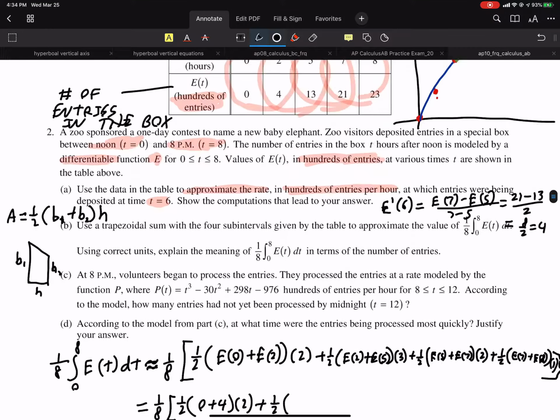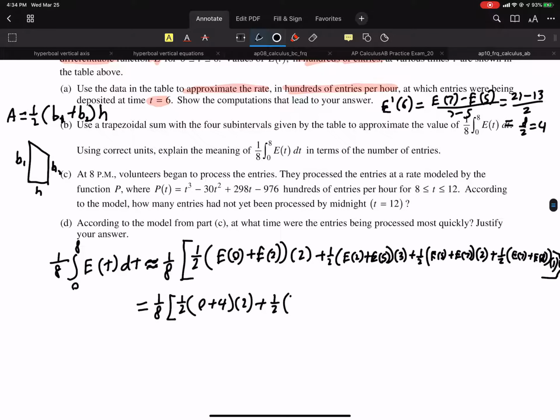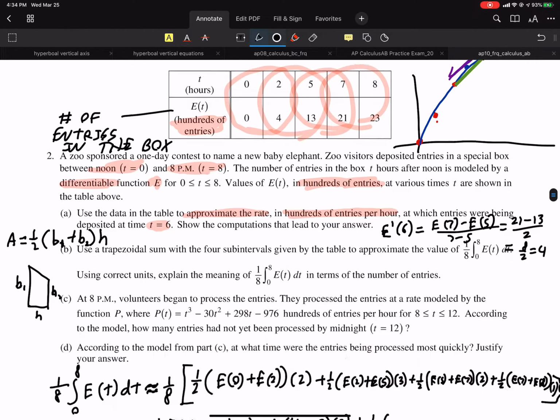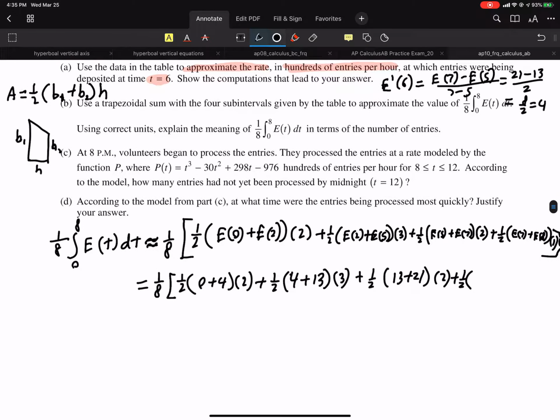And then 2 and 5 is going to be 4 and 13. So 4 plus 13, the width's 3. And then 5 and 7 are 13 and 21. And the last pair are 21 and 23.